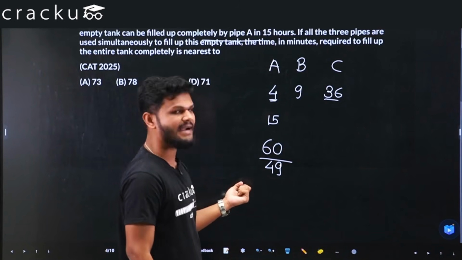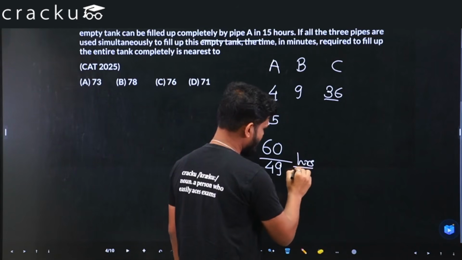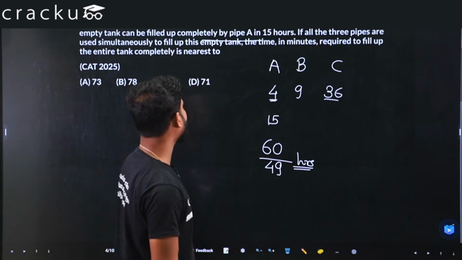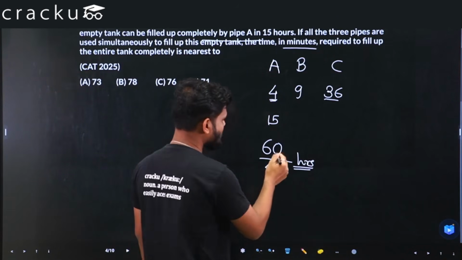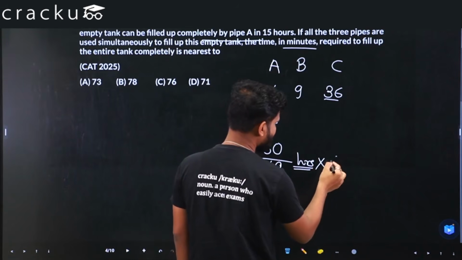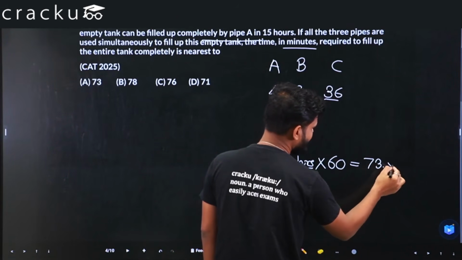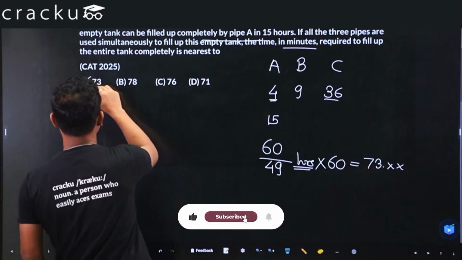So 60 divided by 49 hours. This is the total time taken. What we have to find? We have to find time in minutes, so convert this into minutes, just multiply it by 60 and it will give you 73 point something. So it is nearest to 73.